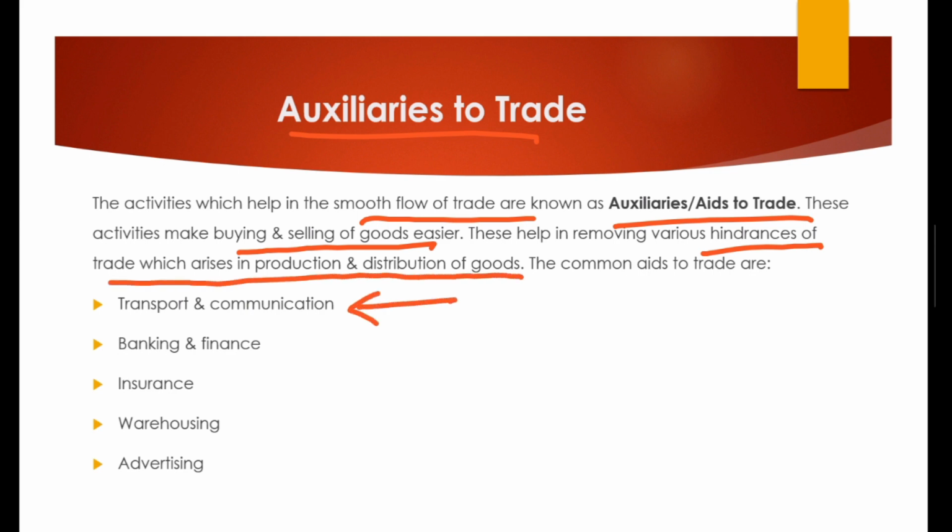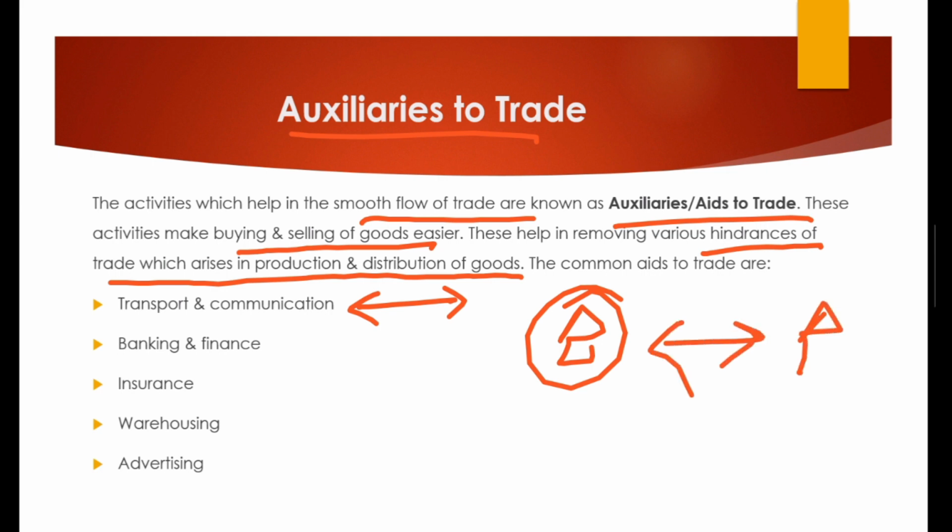First one is transportation and communication. As we just looked into an example, different industries are scattered and different consumers are in different places. Because of transport of goods and services from one place to another, it is easy for us to buy and sell goods and services.